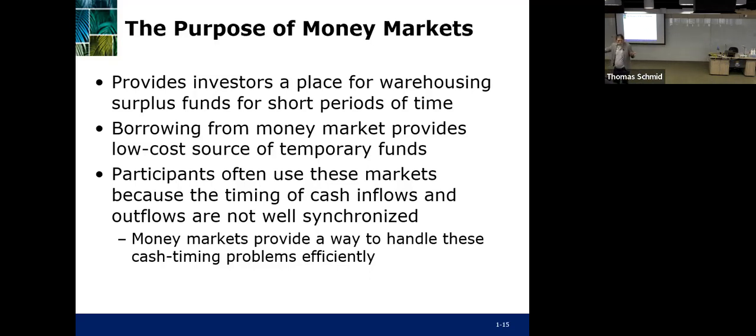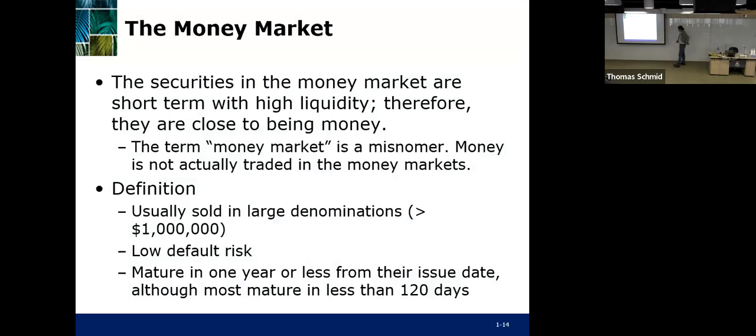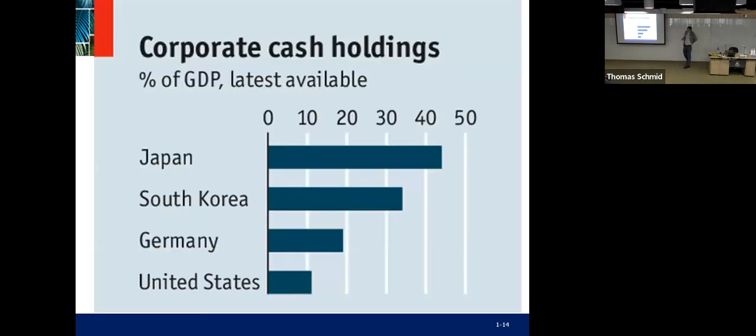Okay? And firms actually hold a lot of cash, and this is what these pictures try to show. So the size of the money market, or the importance of the money market, is closely related to the fact that firms actually hold surprisingly high levels of cash. So this is the first picture I want to show you, and this is corporate cash holdings.